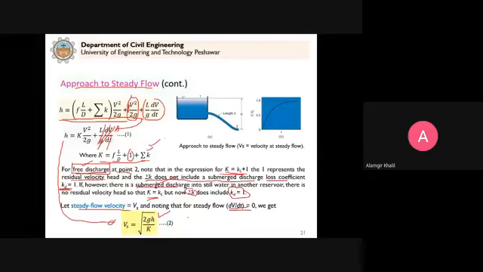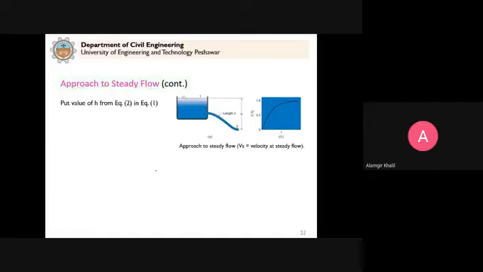So now from this equation, we can put the value of H and bring it here in equation 1. We want to eliminate H and bring Vs here. So this is what we do: put H from equation 2 into equation 1. So now dt is equal to this.